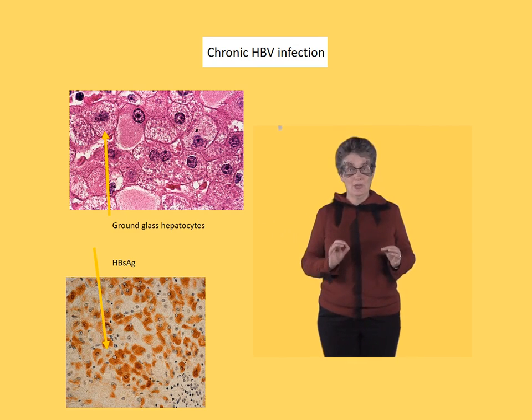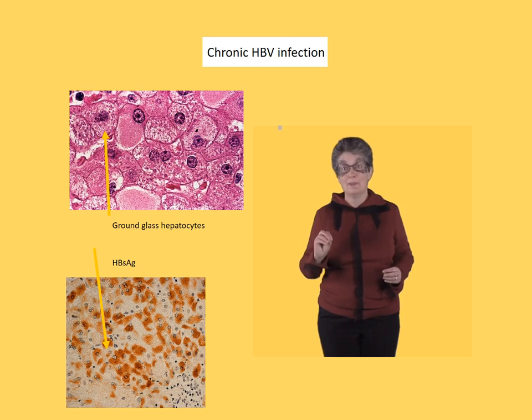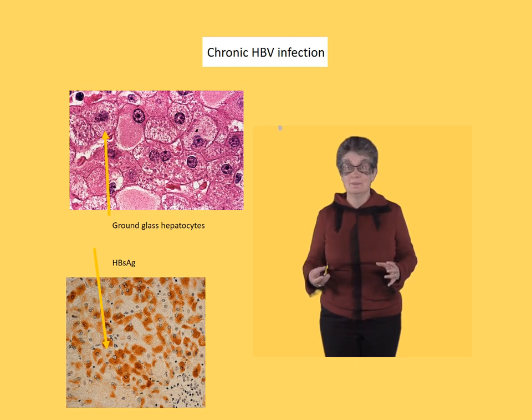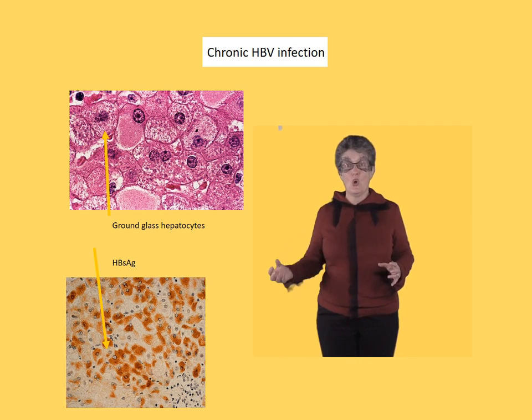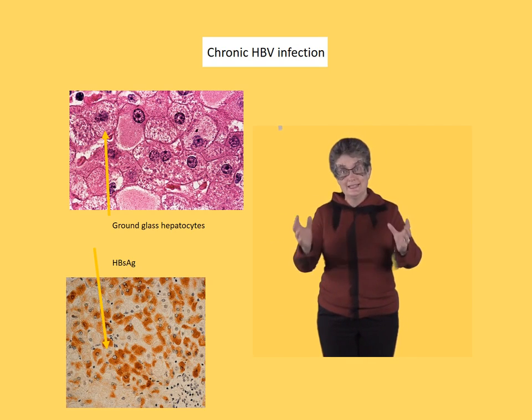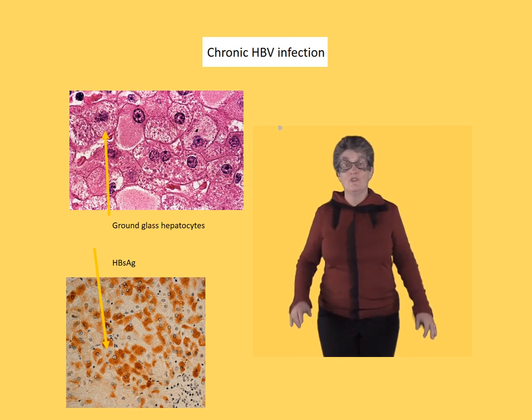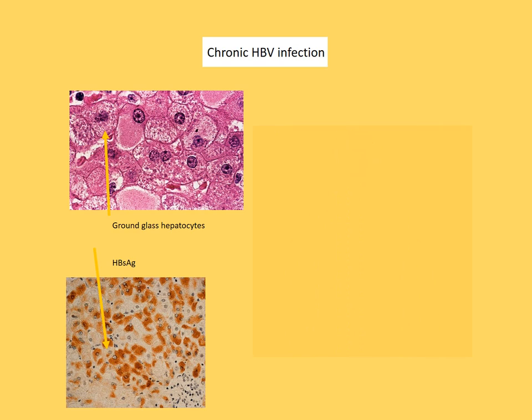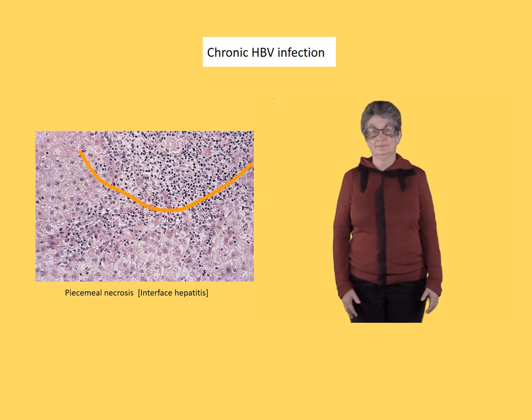We can use immunohistochemistry, in other words, antibodies labelled against hepatitis B S antigen, to show that what's actually accumulating in the cytoplasm is the surface antigen of the hepatitis B.